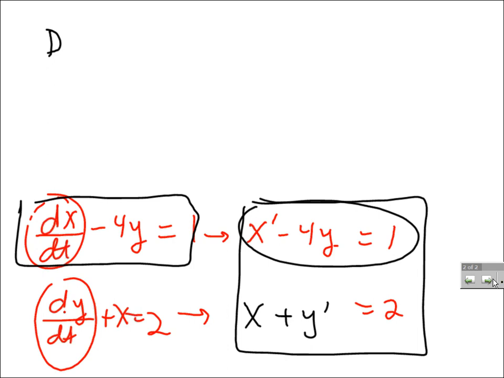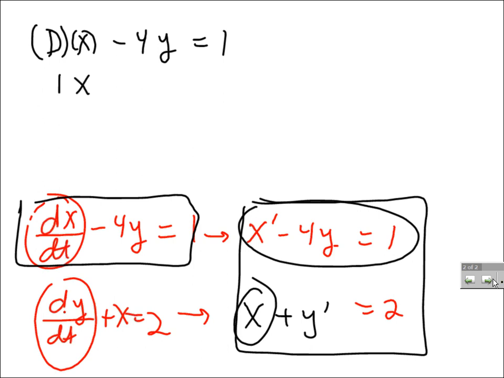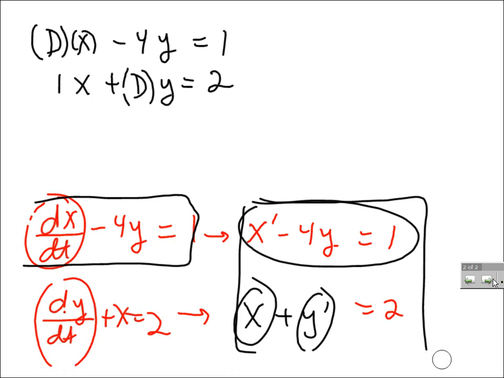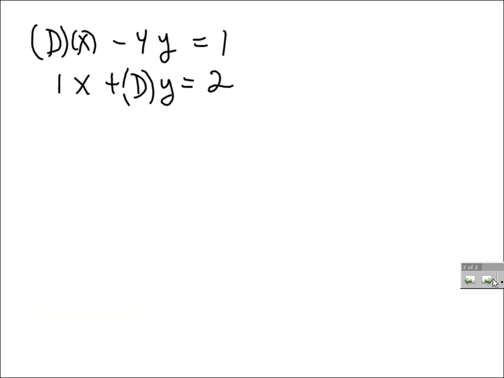D operated on x minus 4 operated on y, if you like, equals 1. x is just x, or 1x, plus y prime. There's the plus. y prime is d operated on y, and this equals 2. Okay. So now I have my two equations written as differential operators.